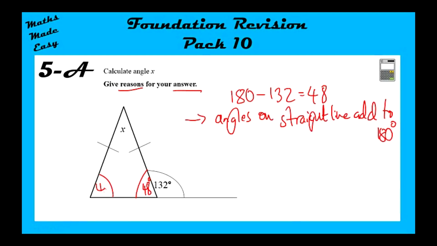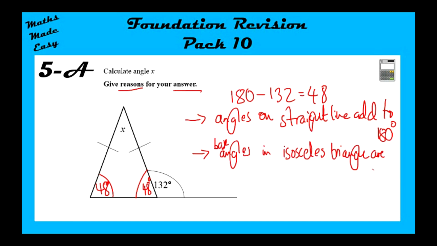This angle here is also 48 because that's an isosceles triangle. So reason number 2 is the base angles, it's the ones at the bottom there, in an isosceles triangle are equal. So they're both 48. So now what we do to work out the final angle x is take these two away from 180.